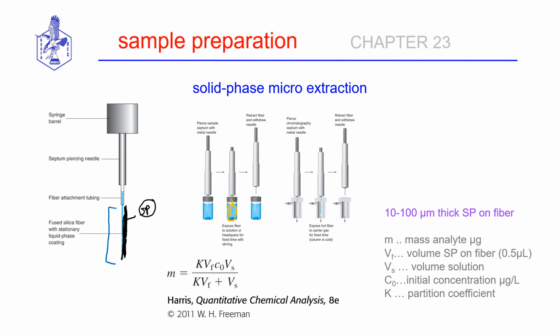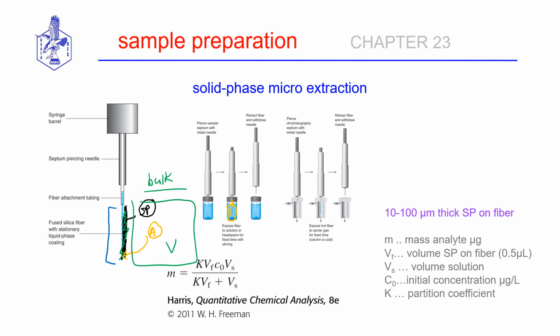And so your analyte species, if it's somewhat like the stationary phase material, it's going to come into the stationary phase material on the fiber. So it's going to move out of the bulk solution out here that has a big volume, and it's moving into the stationary phase here that has a smaller volume, and therefore the relative concentration is going up.